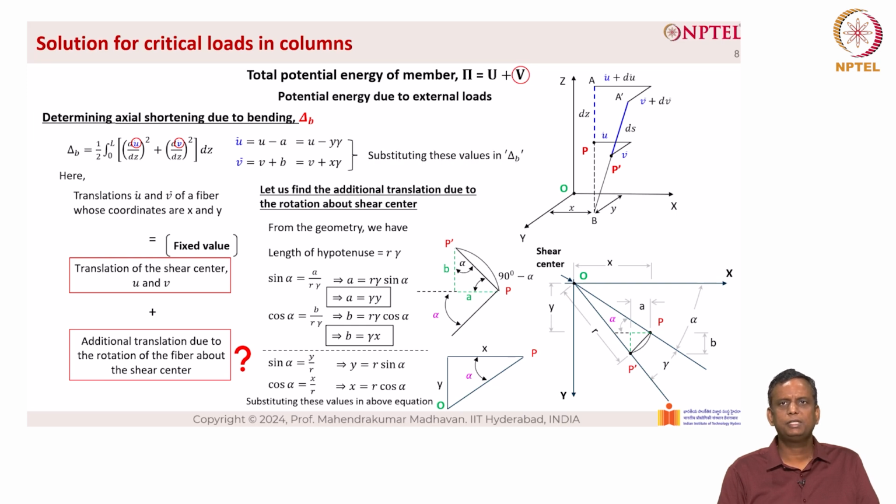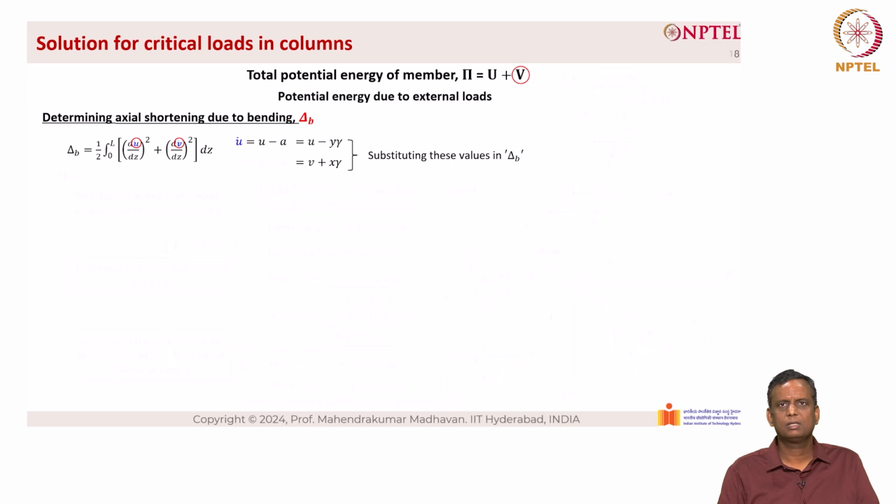Now, substituting these values in delta sub B, we have the equation half into integral 0 to L of d of (u minus y gamma) divided by dz the whole square plus d of (v plus x gamma) divided by dz the whole square into dz.